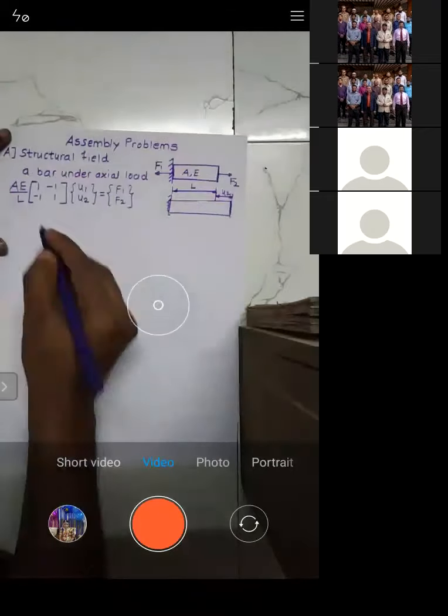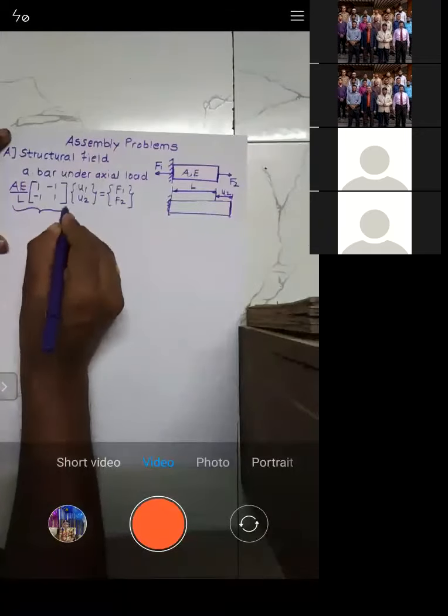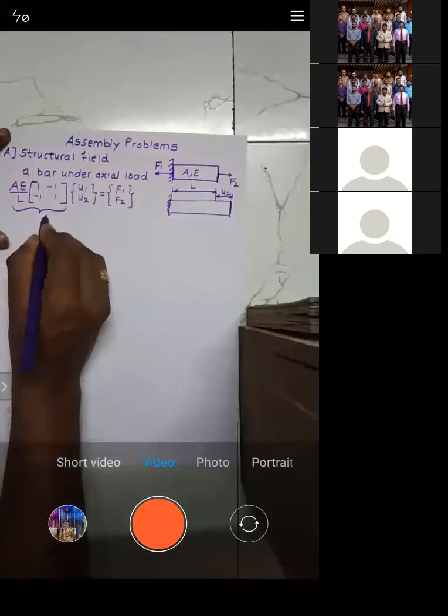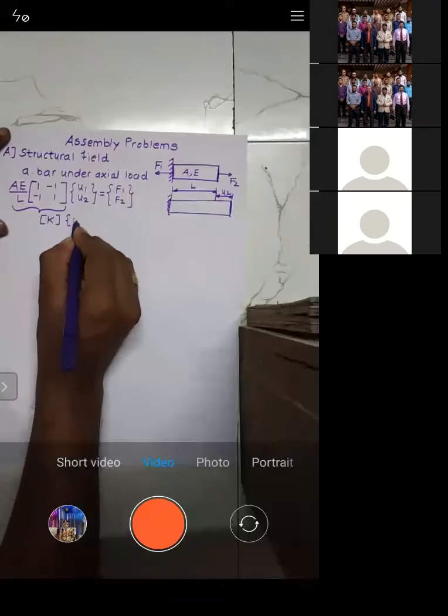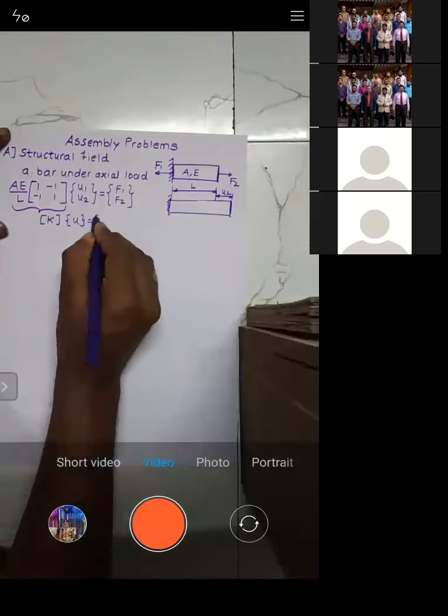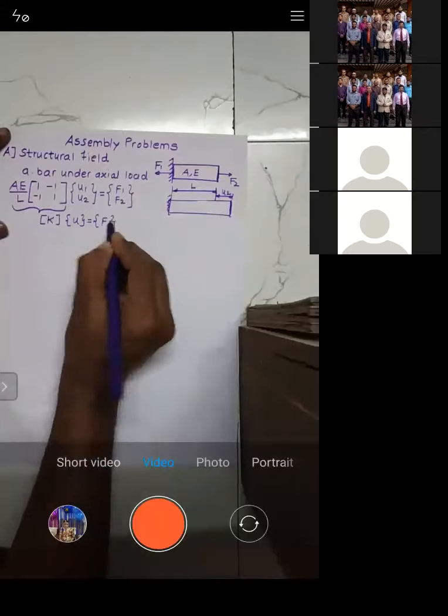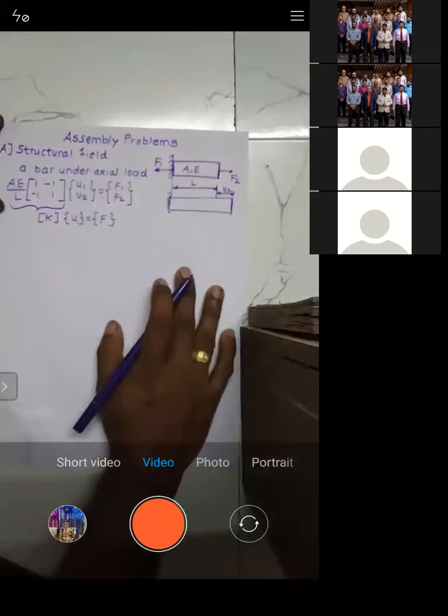Let me clear you. It is as simple as stiffness into displacement. Stiffness into displacement is given by force. Yes or no?